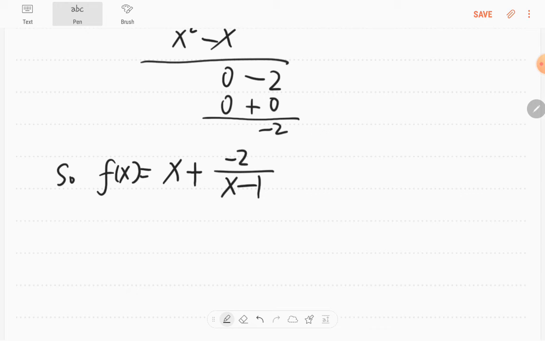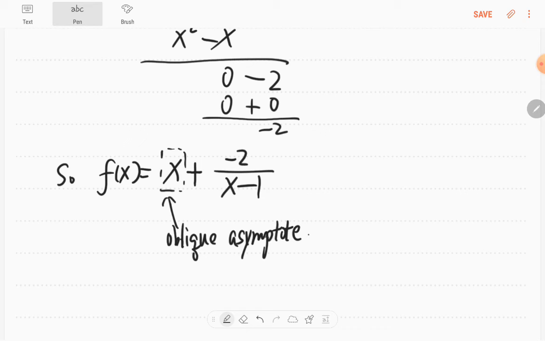So this part, x, is actually the oblique asymptote. What does this mean?